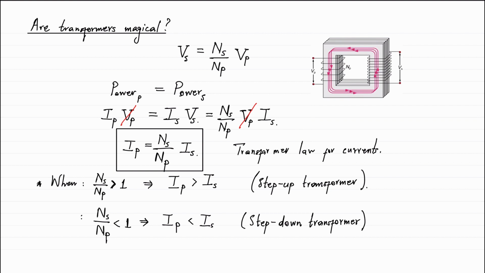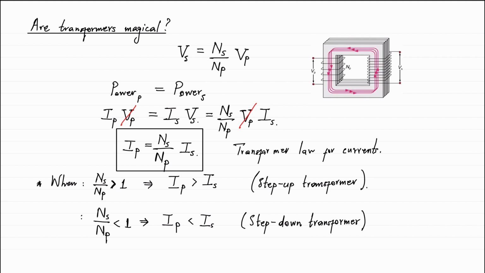Earlier, in the previous video, we saw that the transformer law for voltages can be written this way. However, if we're dealing with a transformer that is 100% efficient, in other words, there is no loss of energy when it's operating, we can safely say that the power that we pump in on the primary side must be the power we obtain on the secondary side.